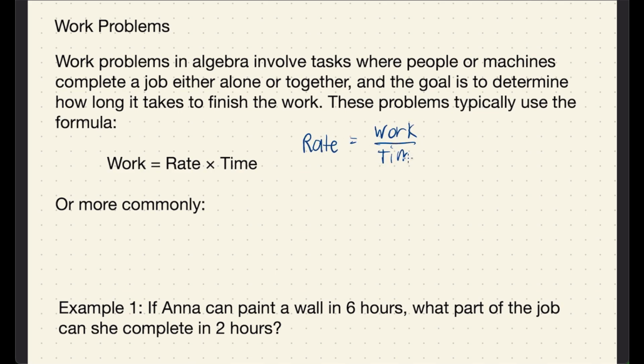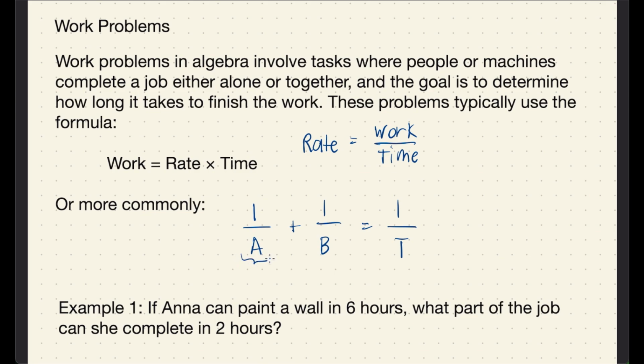So usually our working equation would look like 1 over a, let's just use a and b, then 1 over t.